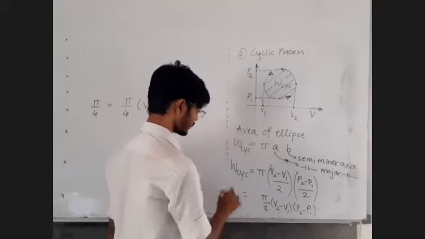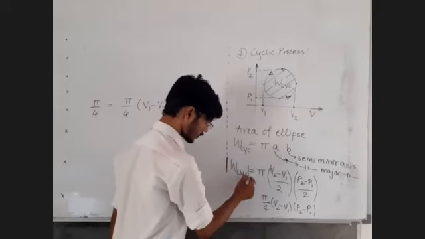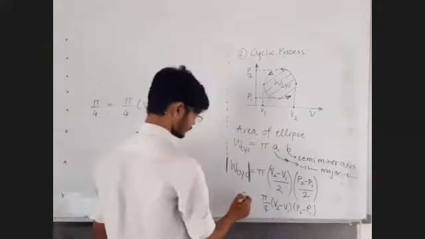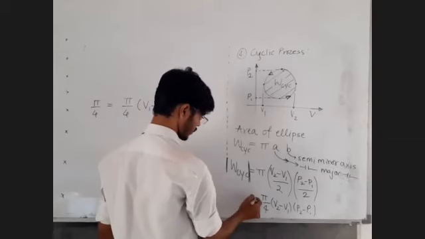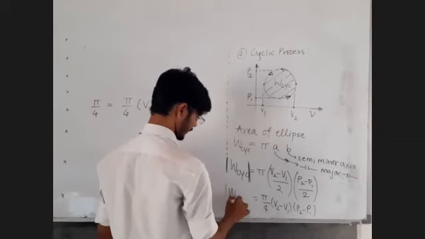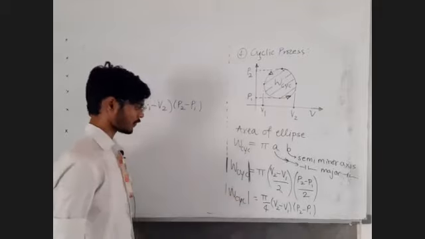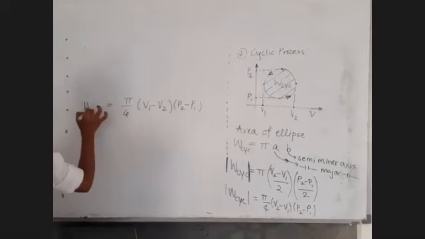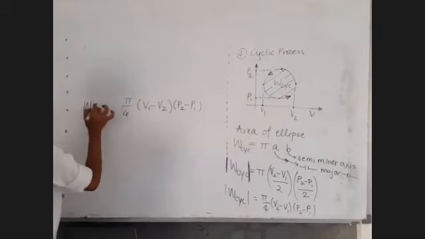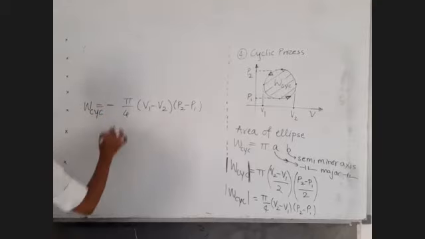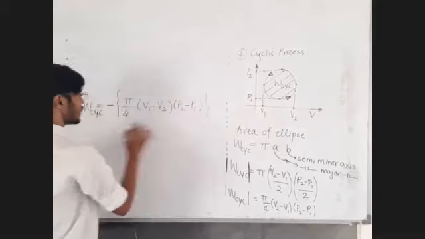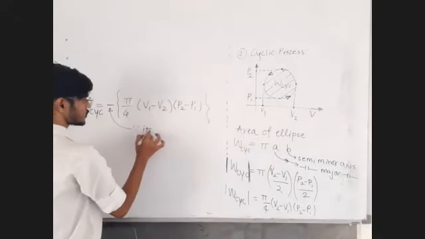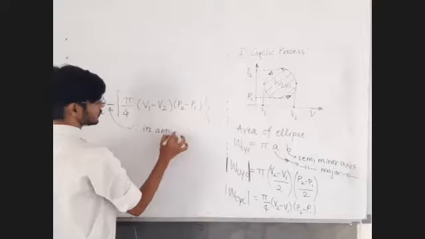Okay, so here we just found out the mod of work done, numerical value, by using the formula of area of ellipse. Okay, now actual work done will be equal to minus of this, and let us justify the minus sign because it's anti-clockwise. I made a mistake.